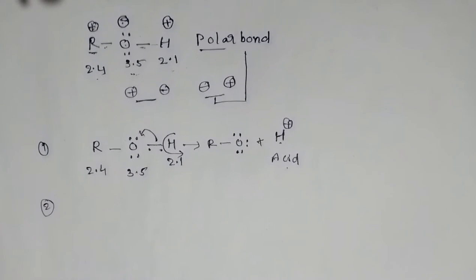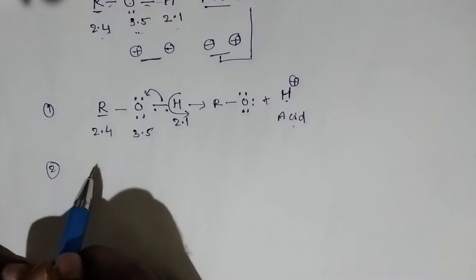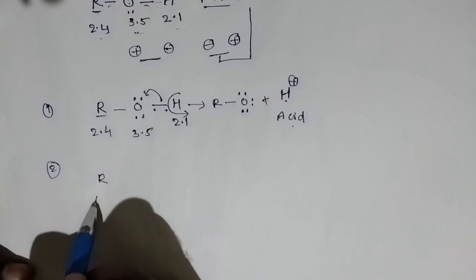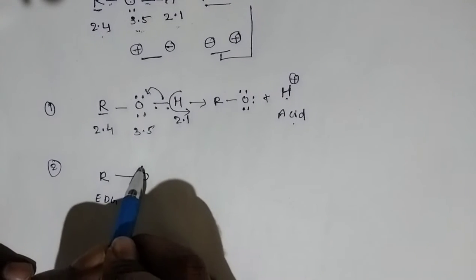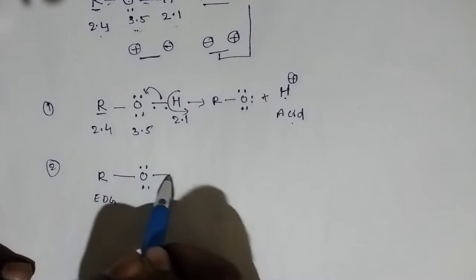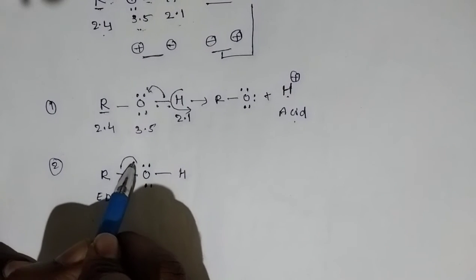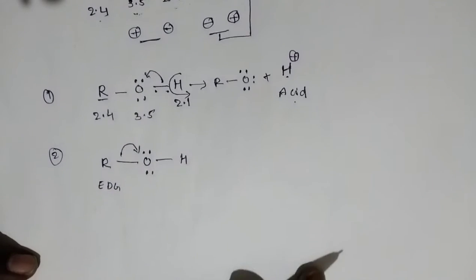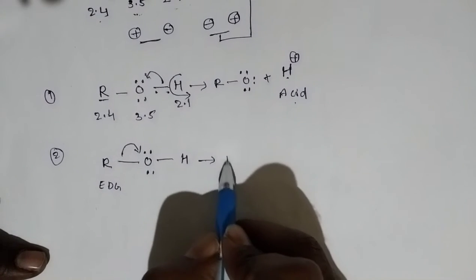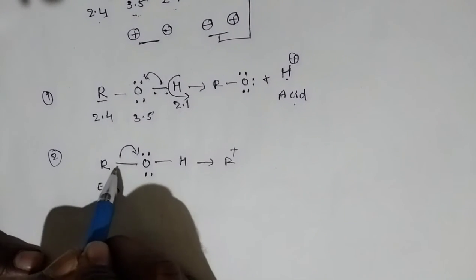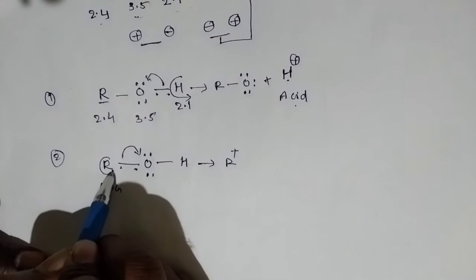Second point. What about the R group? The R group acts as an electron donating group, so the R group always tries to donate electrons. When the R group tries to donate electrons toward the oxygen, it converts into R plus, because of the donated electrons there is an electron deficiency in the R group.